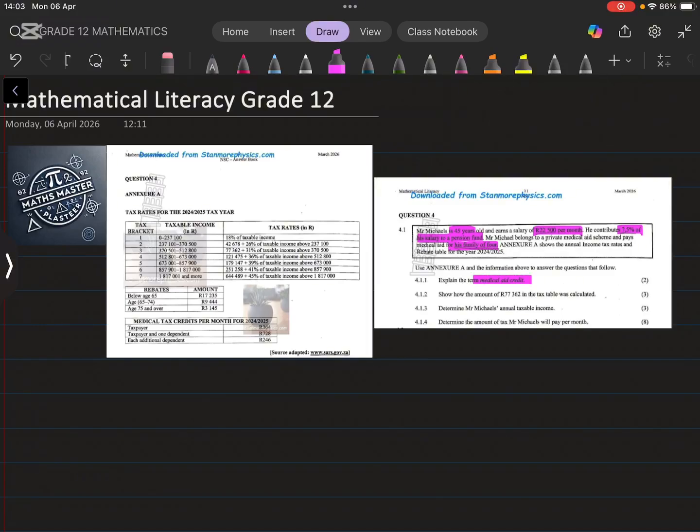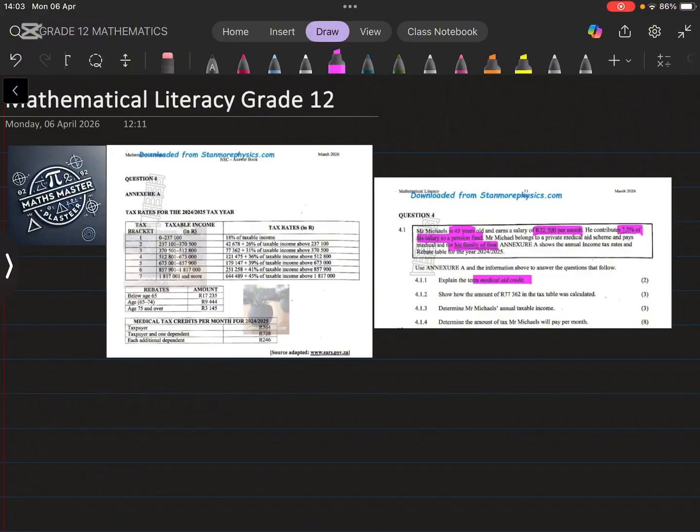Now, based on the annexure, explain the term medical aid credit. So a medical aid credit is a type of rebate given for a medical aid contribution. This credit is given based on the amount of money that you pay on your medical aid, and it relies on the number of individuals on that medical aid.